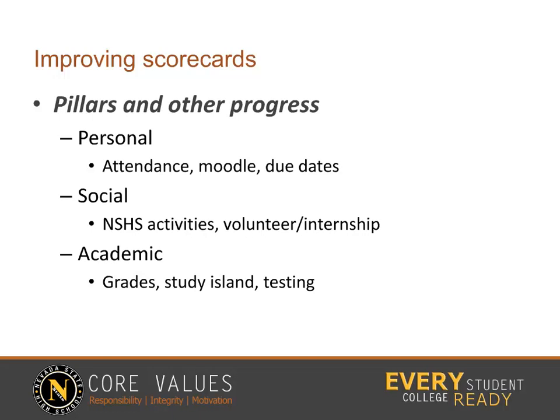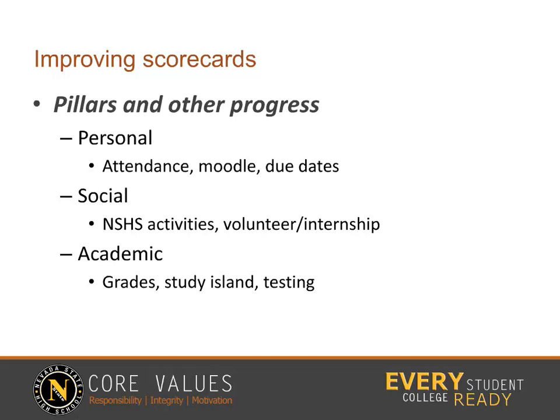Another way to improve your scorecard, especially if you are yellow, is by improving on specific items in the 100, 200, 300, and 400 pillars. Here are some ways to boost your personal pillar: going to class, getting there on time, checking Moodle daily, and turning in all assignments and required paperwork early instead of waiting until the last minute. Completing your volunteer hours and participating in Nevada State High School social events such as prom and Bully Hawkins can help improve your social pillar.